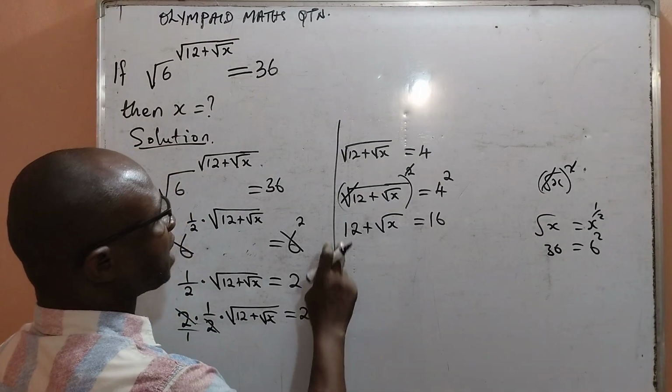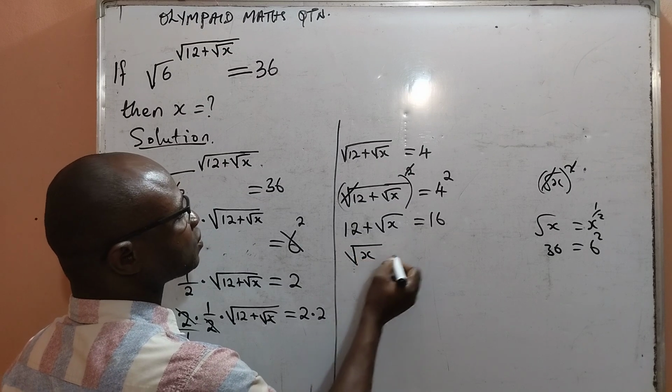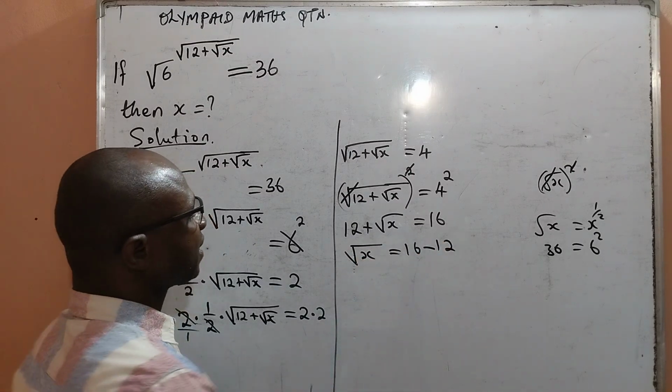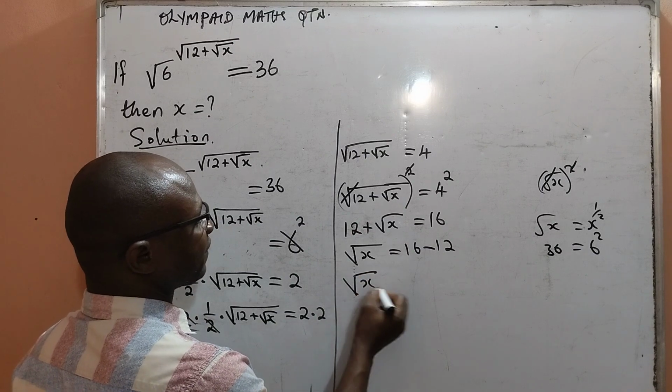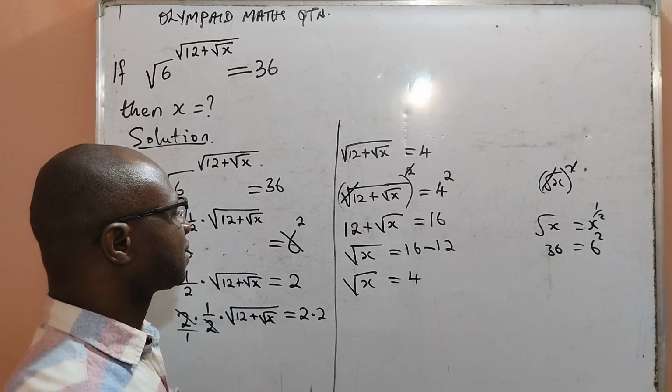Moving forward, I will move this 12 to the right hand side, and then it will give me the square root of x equal to 16 minus 12. Also, the square root of x is equal to 4, 16 minus 12.